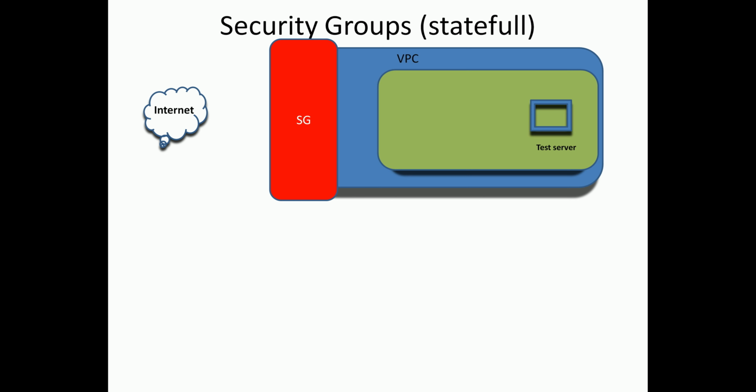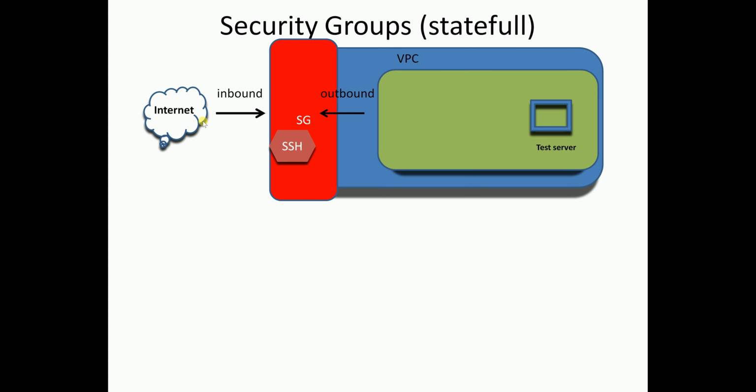So assume you have a server in your AWS environment which is inside the VPC, and from the internet you want to access this test server using the SSH port. In a security group we have inbound and outbound rules.